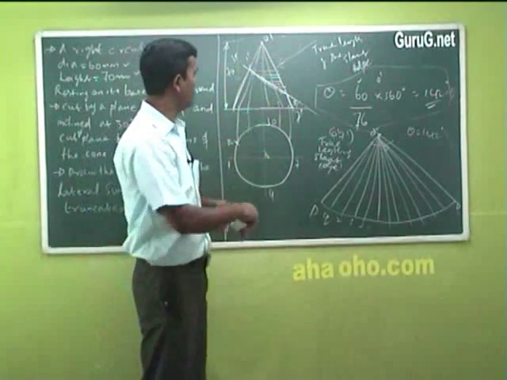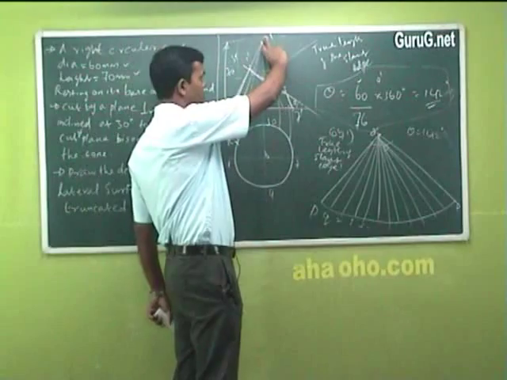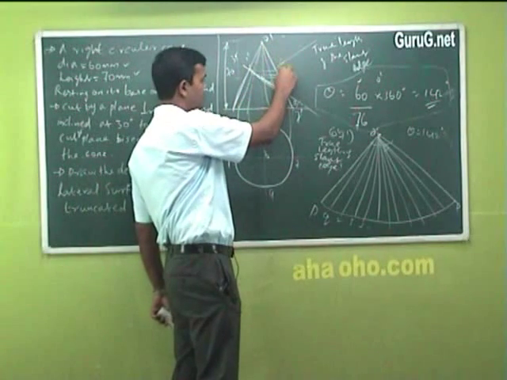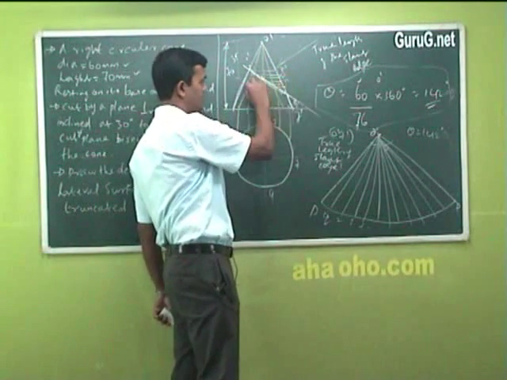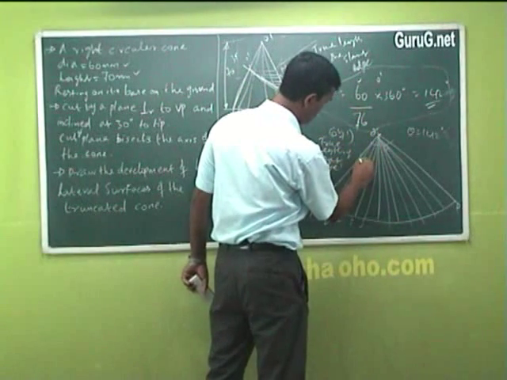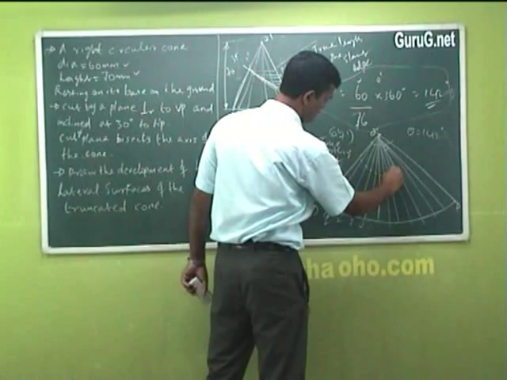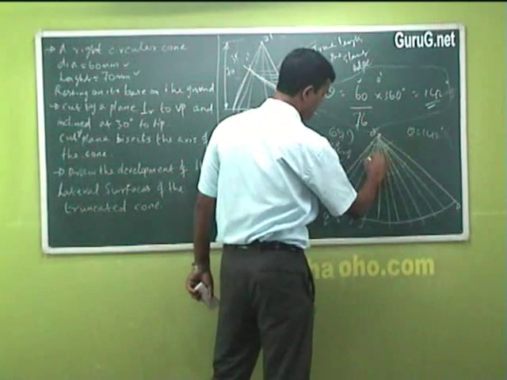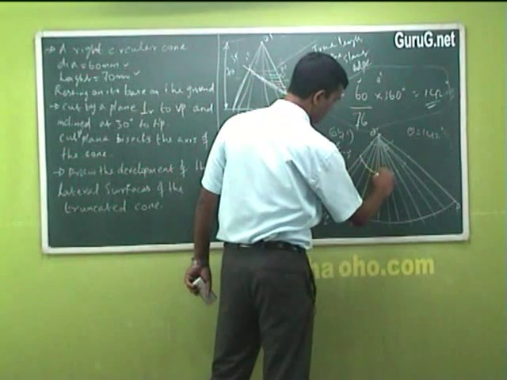From there, from point O, you measure, and that point is P dash, then Q dash, R dash, etc. That can be measured here, and you just mark the points, and you will get a curve like this.